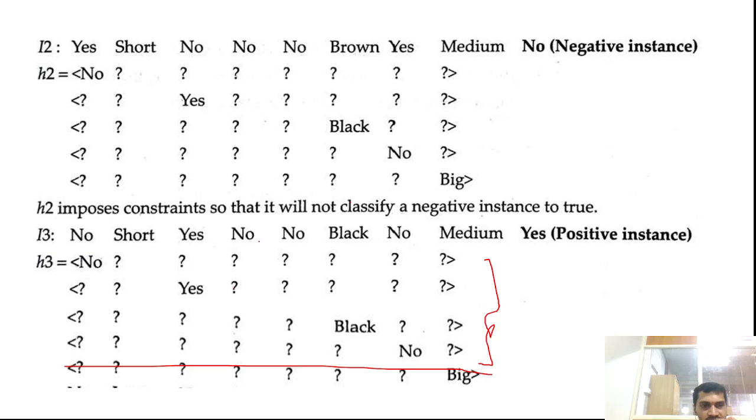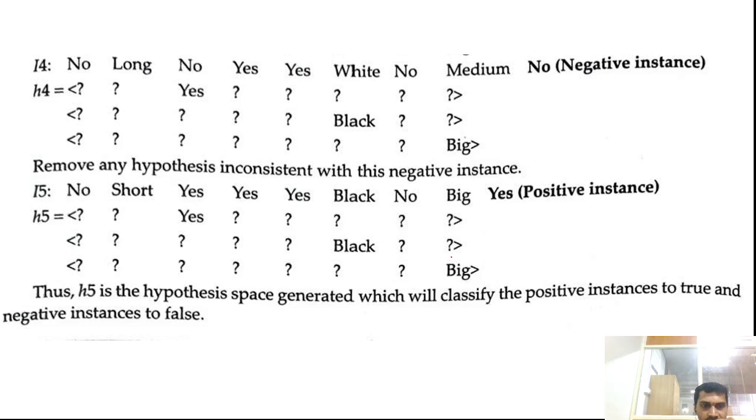So whatever matches with that, I have to neglect it, meaning remove any hypothesis which is inconsistent with the negative one. I should not consider this, because if I consider it then it is wrong, because it is wrongly mentioned in your textbook. So we should not consider this.